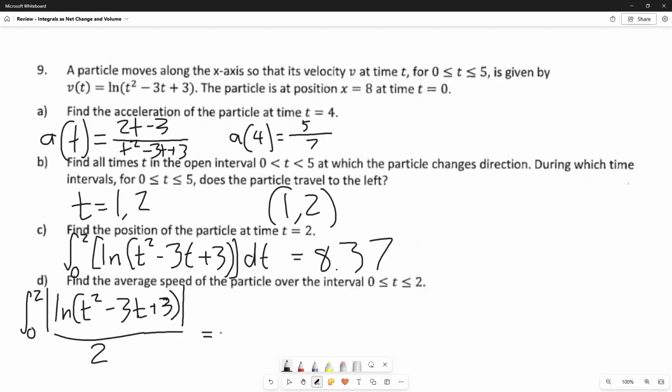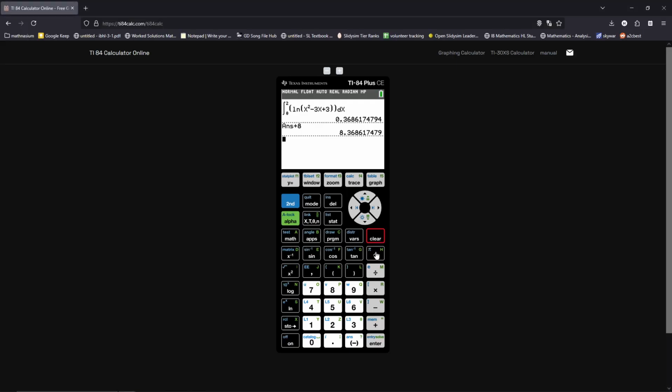So put this into your calculator, and it's going to be the integral from 0 to 2 of the absolute value of ln of x squared minus 3x plus 3 dx.